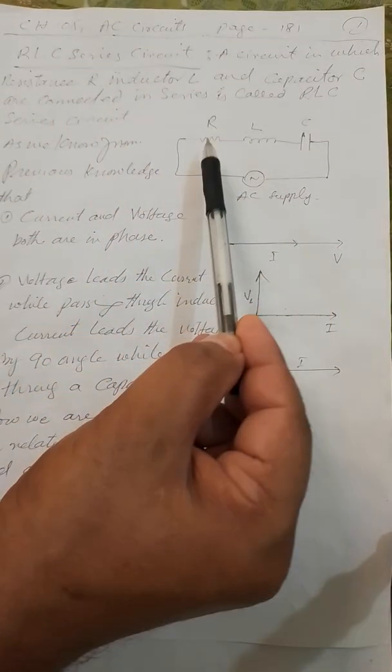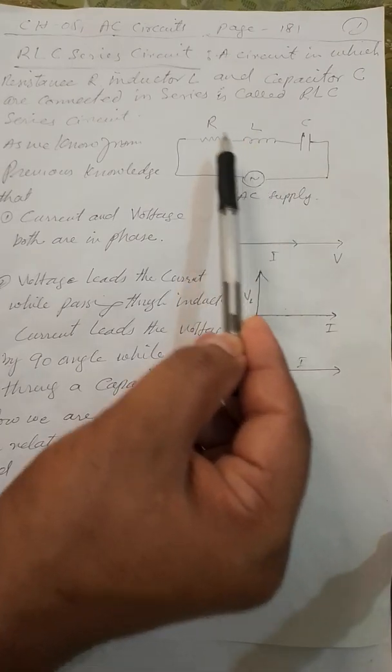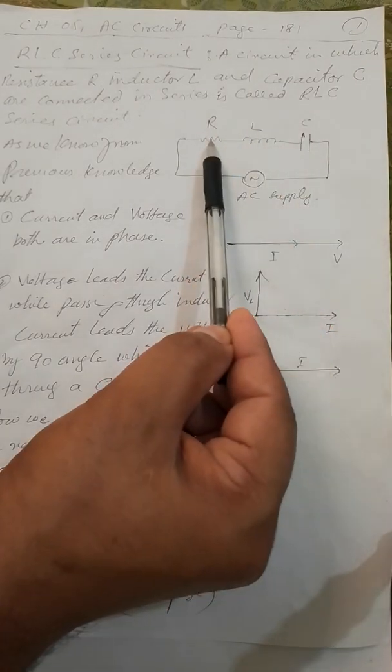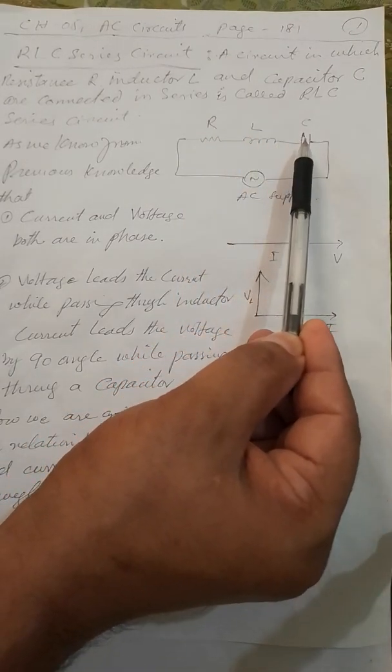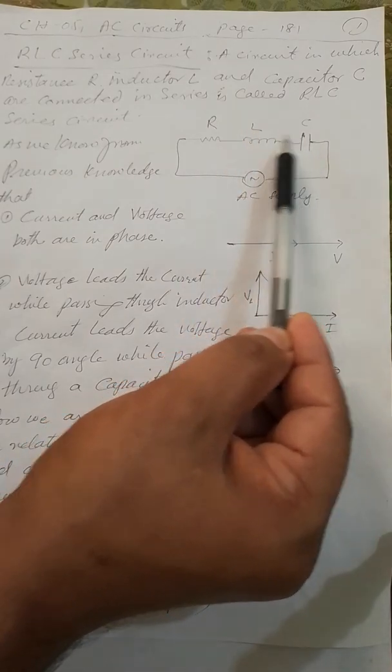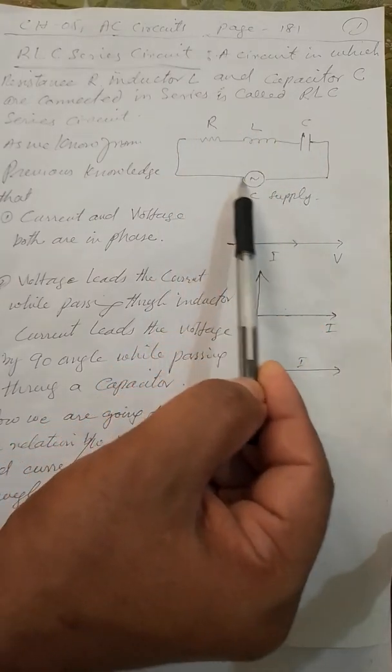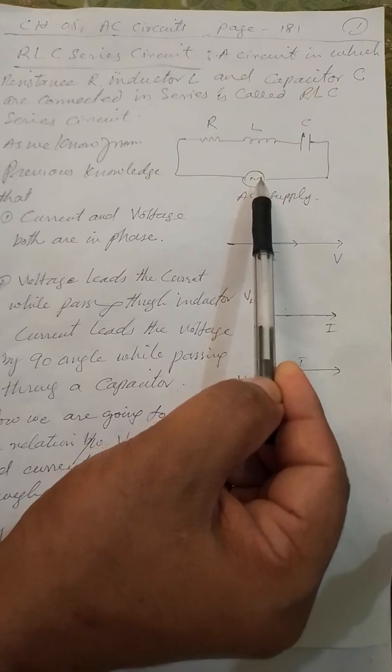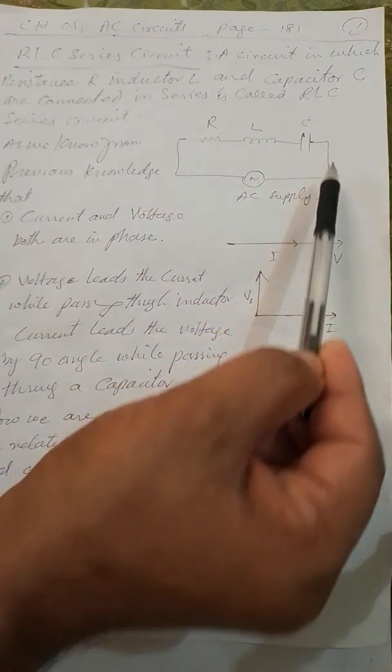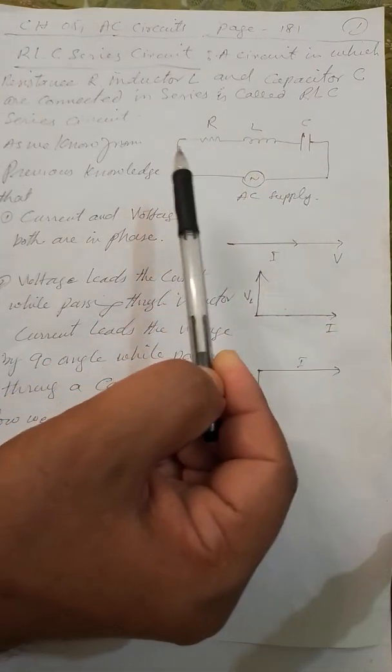As we can see in the diagram, the resistance, inductor and capacitance are all connected in series with each other and also along with the AC supply. This is what we call an RLC series circuit.